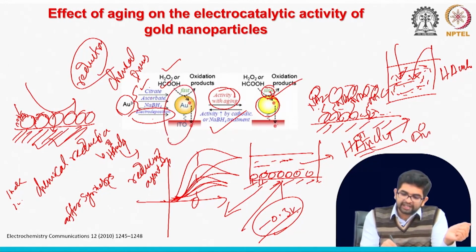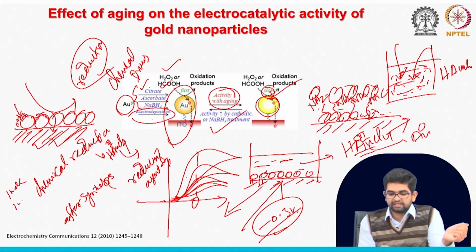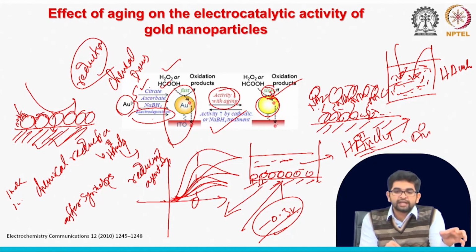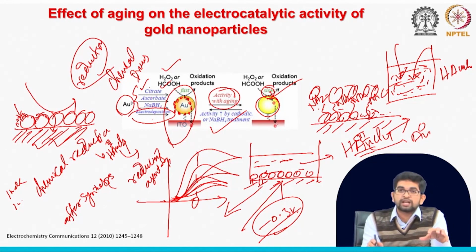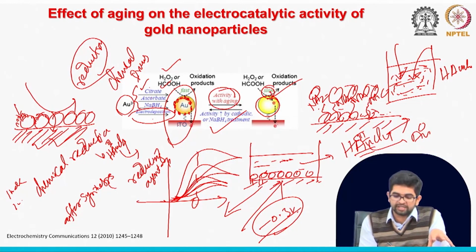Then you can get fast catalytic activity again. Why did this happen? Because hydrogen can be adsorbed on this surface during the sodium borohydride treatment. So in this case also, because of surface reconstruction and surface strain, you may get higher activity.